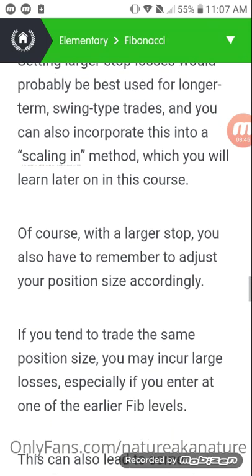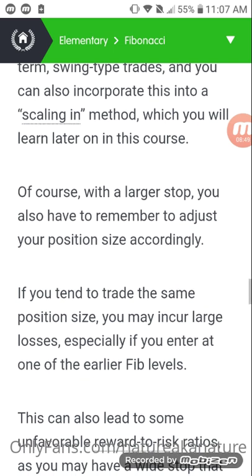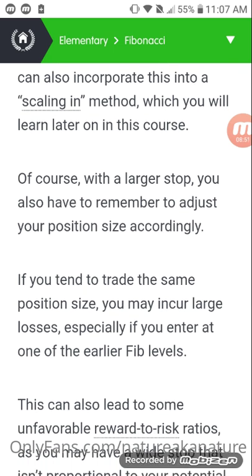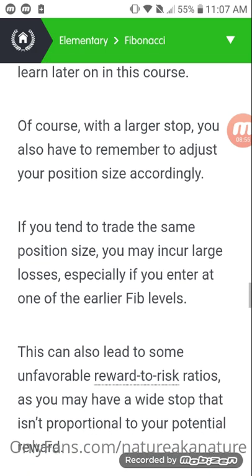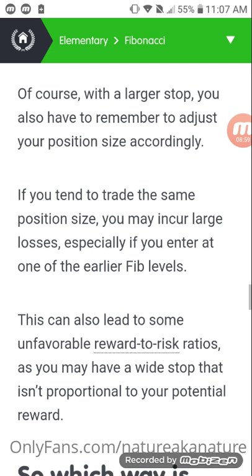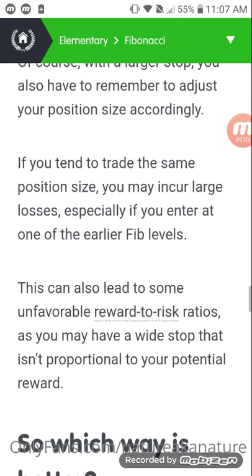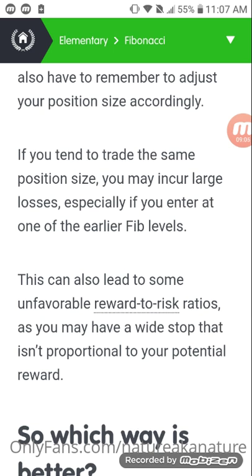Of course, with a longer stop loss, you have to remember to adjust your position size accordingly, as far as your lot size. If you tend to trade the same position size, you may acquire large losses, especially if you enter too early on the Fibonacci retracement level.